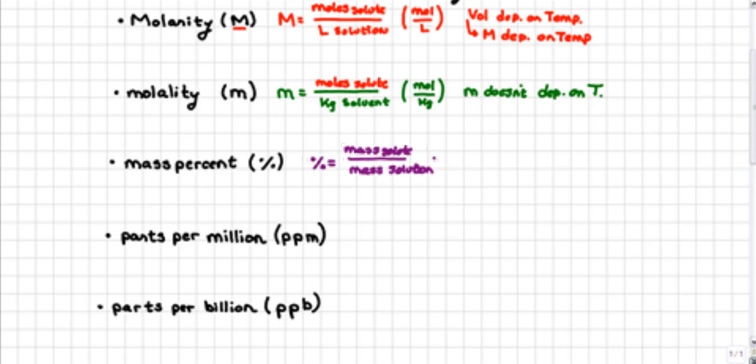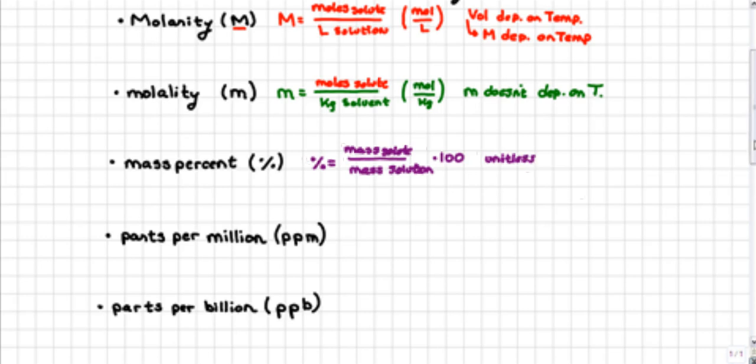And then, to make it a percent, we multiply by 100. And although we often follow this up with the percent symbol, this is technically a unitless value. The mass, grams perhaps on the top of the fraction, cancels grams on the bottom of the fraction, and we don't have any units in the final answer.